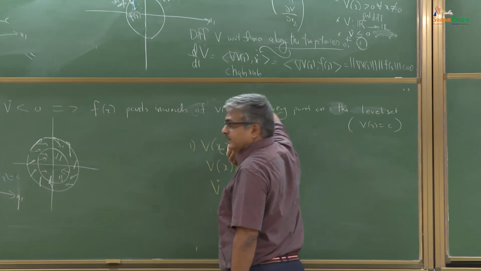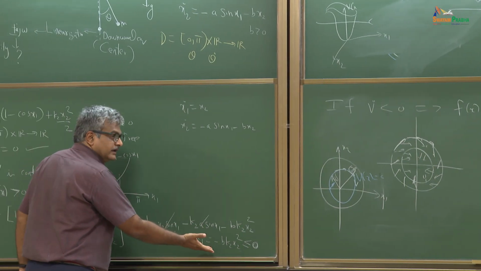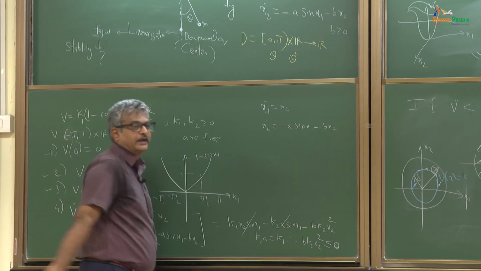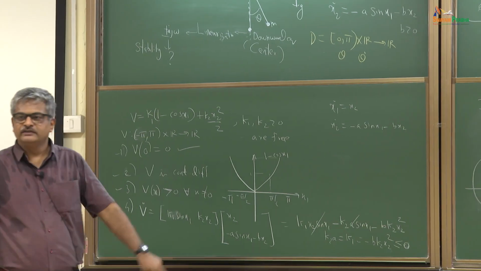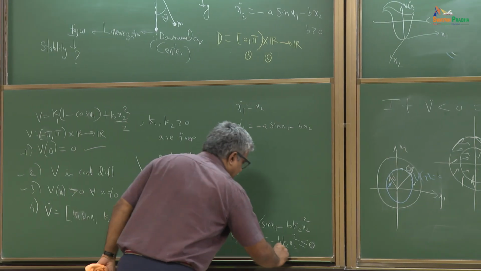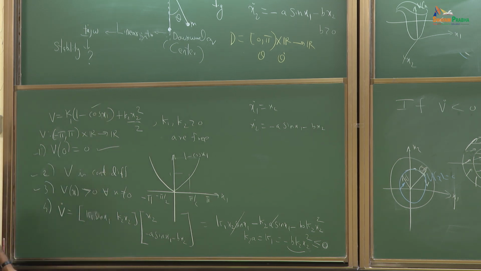You agree, right? This can be at the most 0. It can never become positive. There is a minus b k2 x2 square. You agree with that, right? So this is a nice thing that we got by clever choice of the function.